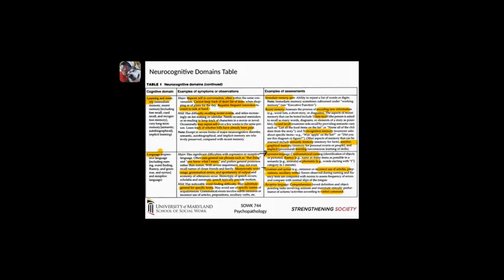All right, so expressive language has a couple different components to it. Confrontational naming, which ironically sounds a little bit like a misnomer, but it's simply the cognitive task of identifying an object, either the physical object itself or an image of that object. So like a stoplight or traffic light.